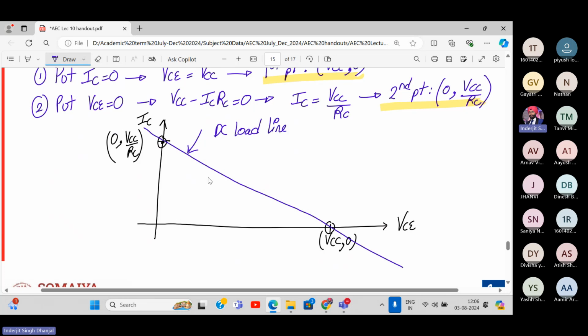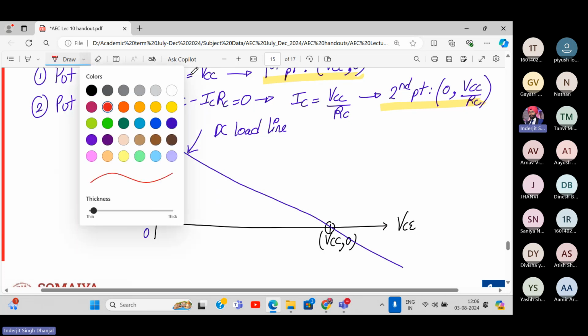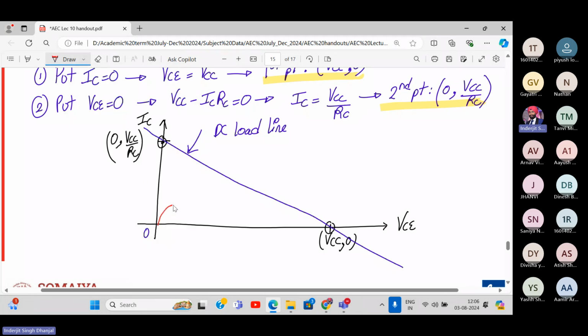Got it? When we finally plot the output characteristics, the intersection of the DC load line and the output characteristics will give us the Q point, which is nothing but VCEQ and ICQ. Do we have the expressions for them? Yes.